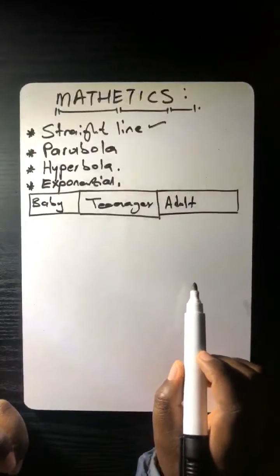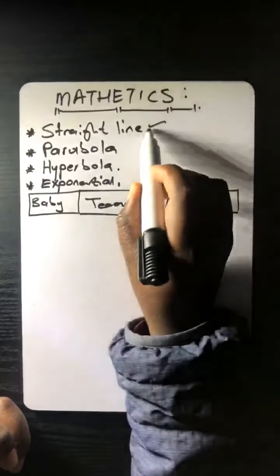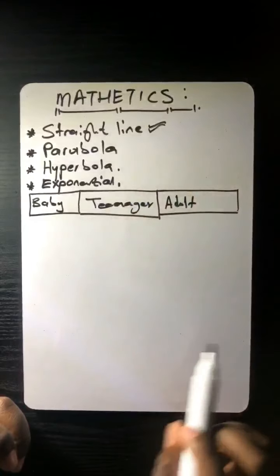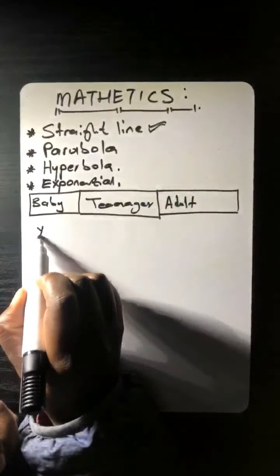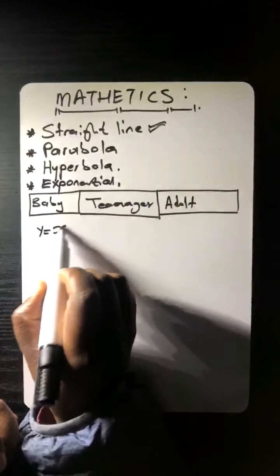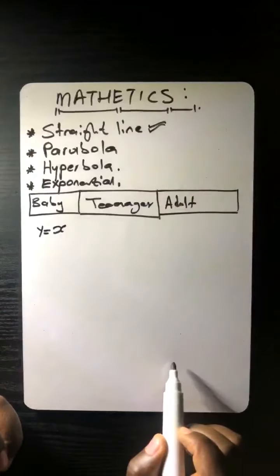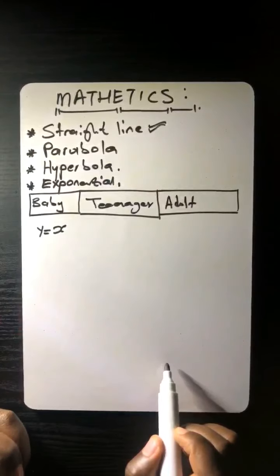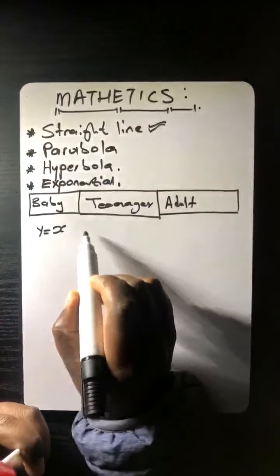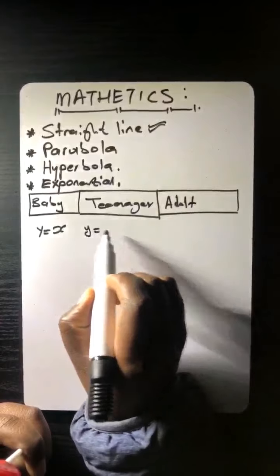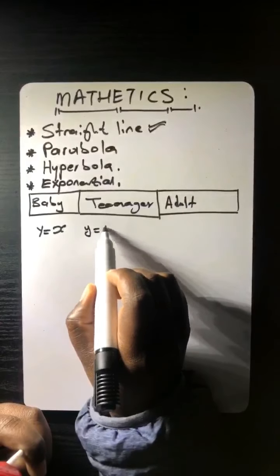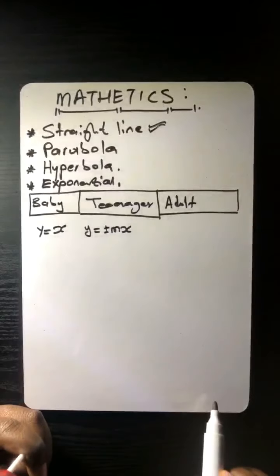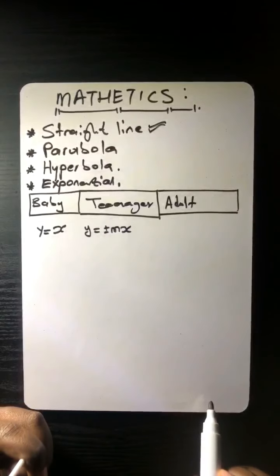So quickly, let's have a look at the formation of a straight line equation. It first started as y equals x, and then from there we noticed that this one is boring, and it extended to y equals a gradient, which could be either positive or negative, times x.